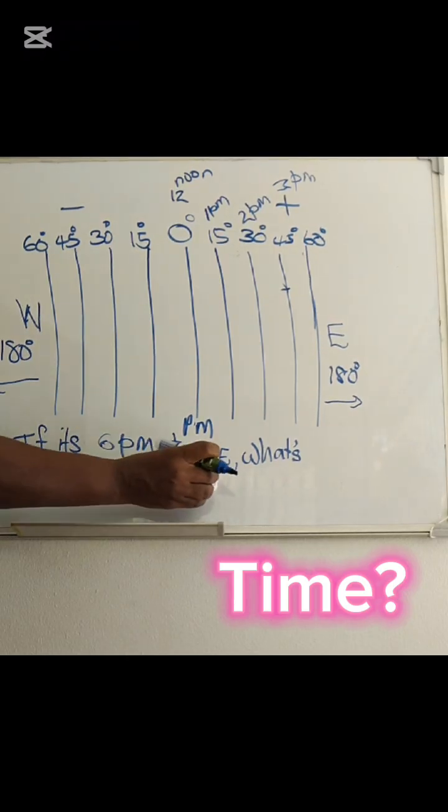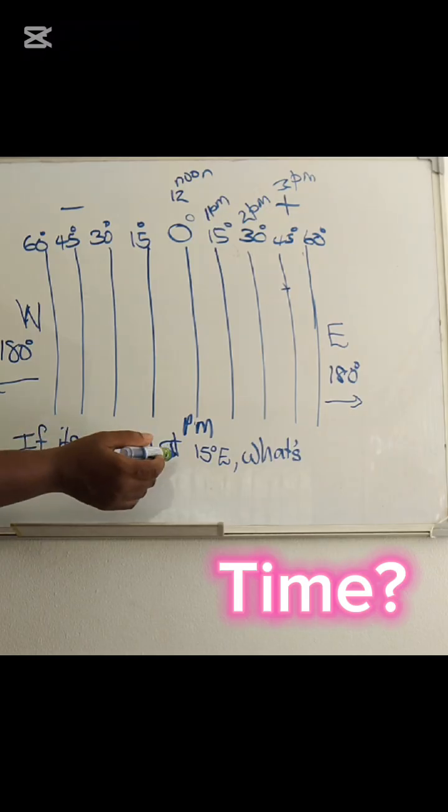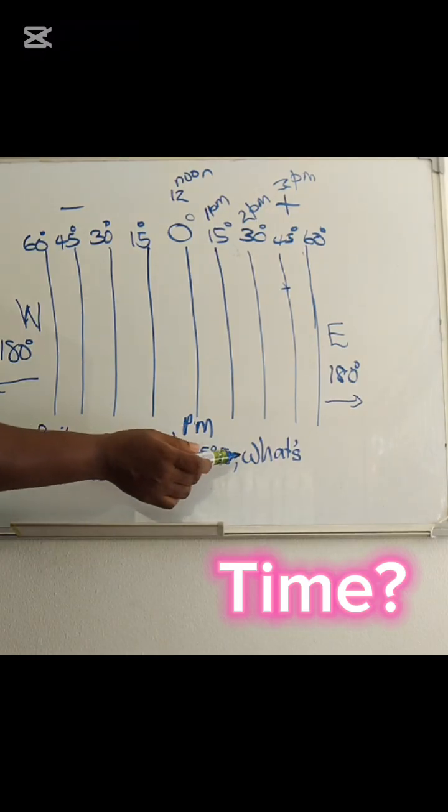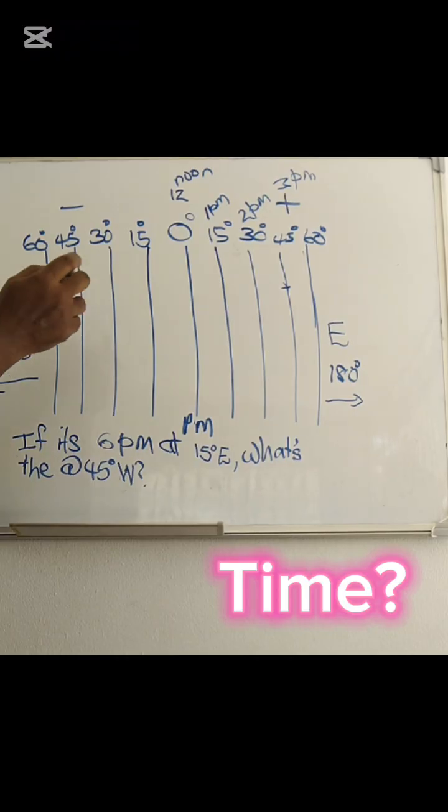So this is a new question, another example, and you can start working that one out. If it's 6 p.m. at 15 degrees east, what's the time at 45 degrees west? Okay, let's erase these so there is no confusion.